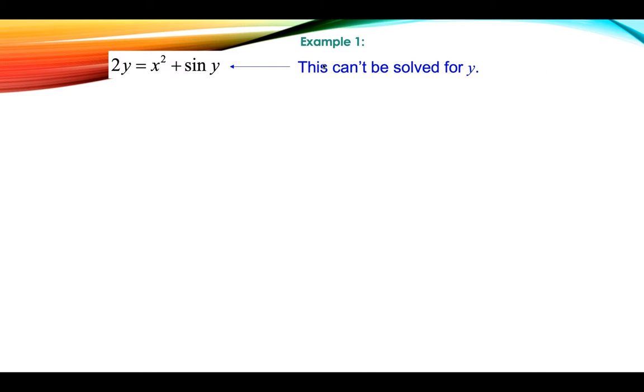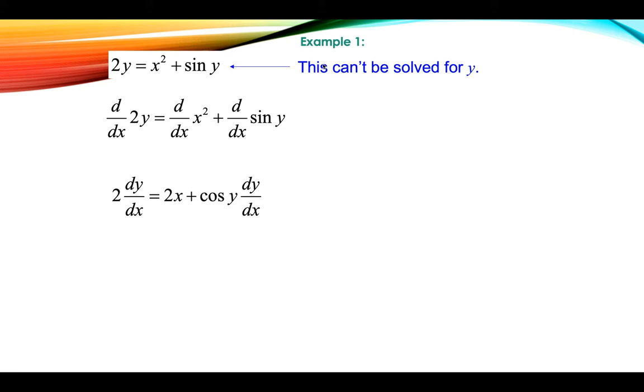We've got 2y equals x squared plus sine y. Well, we can't solve for y, so we're going to have to use implicit differentiation. So we'll take the derivative with respect to x of both sides. So for our 2y, the derivative with respect to y is 2, and then the derivative of y with respect to x, we're not sure what that is, so we'll write it symbolically as dy dx.